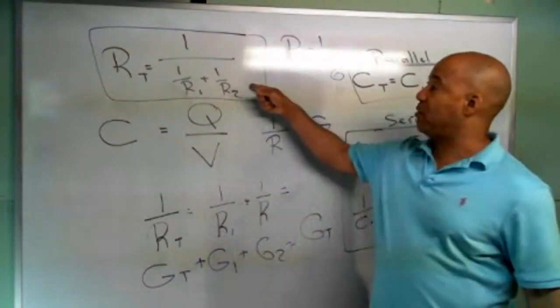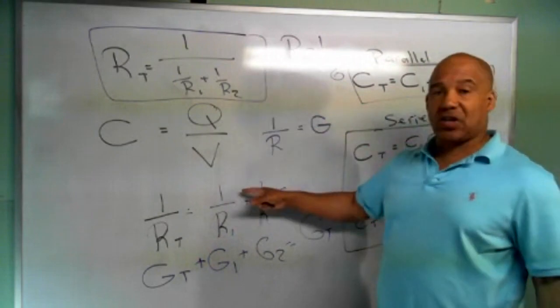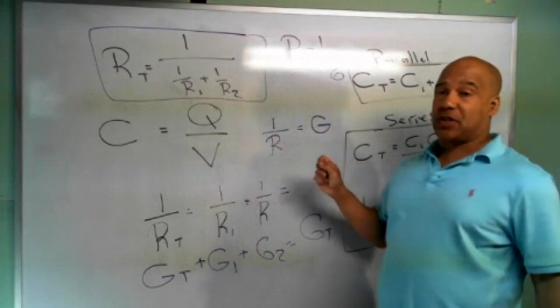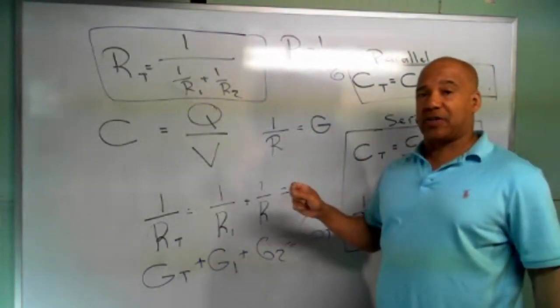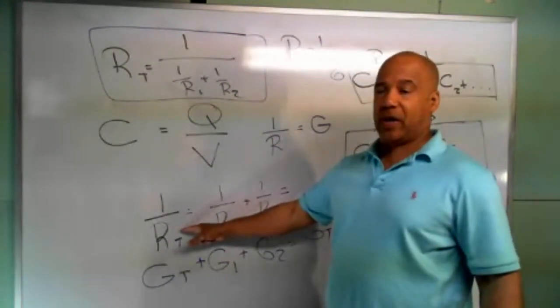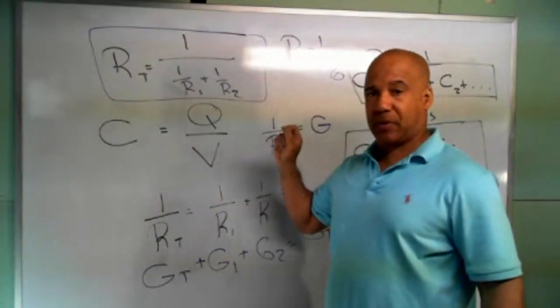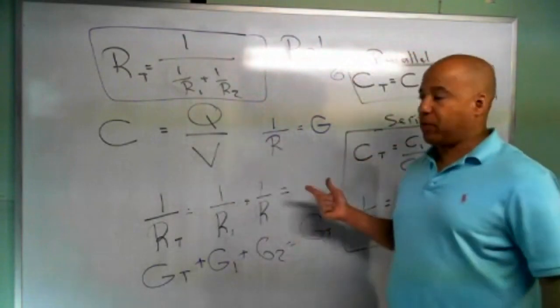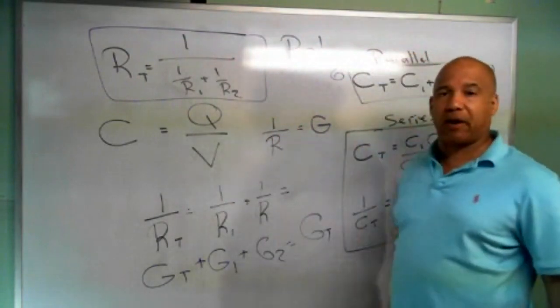But you're totally fine doing it the other way, because when you actually solve this equation, that's what you're doing. The way I showed you to solve it on your calculator is using the inverse x key, the reciprocal key. You just put it in that way and hit the reciprocal key and you get it real fast. So either way, it's all right. I don't care how you think about it.